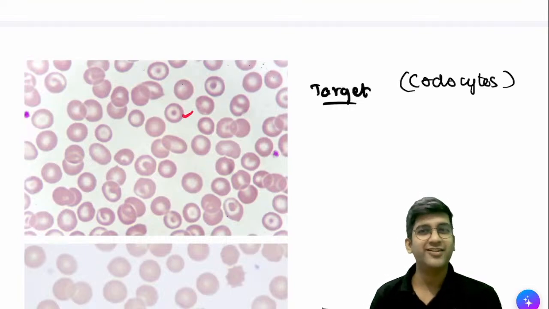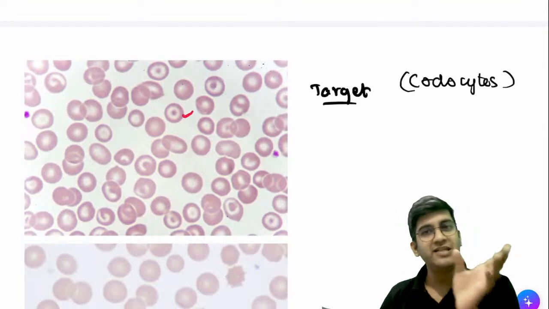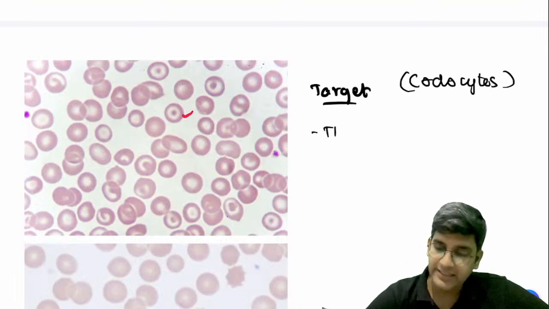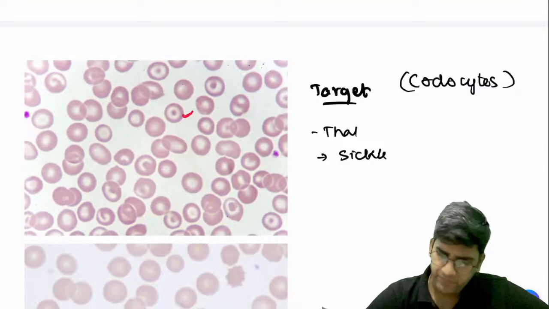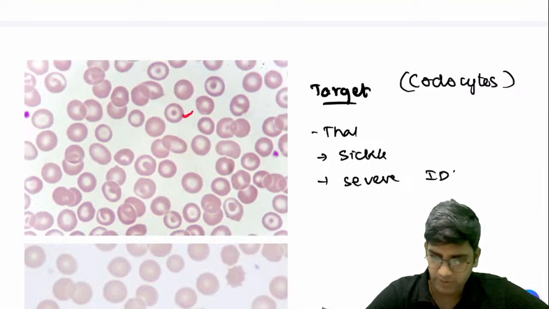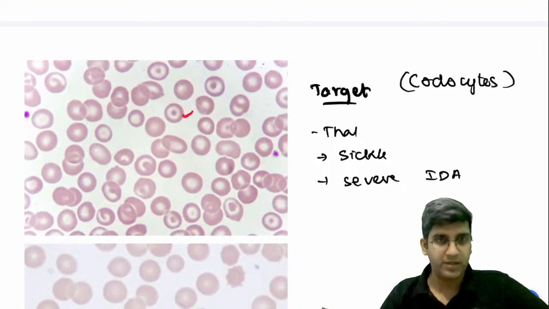I will have to increase the level. So I use the other name, codocytes. RBC, erythrocyte. Like that, I have names for every cell, right? I can see that in thalassemia, like she said, sometimes in sickle, very rarely, very severe iron deficiency anemia also. Very severe IDA also, I can have it. But first diagnosis, thalassemia, fine?